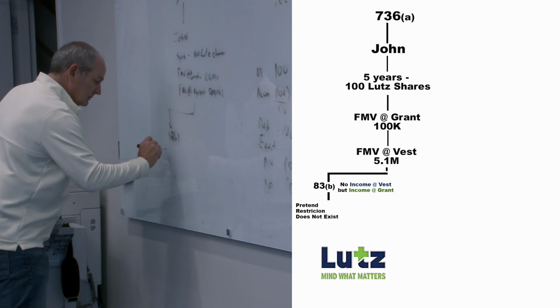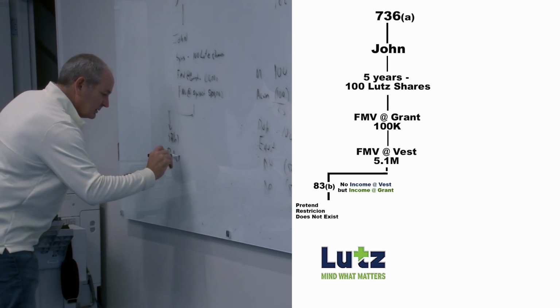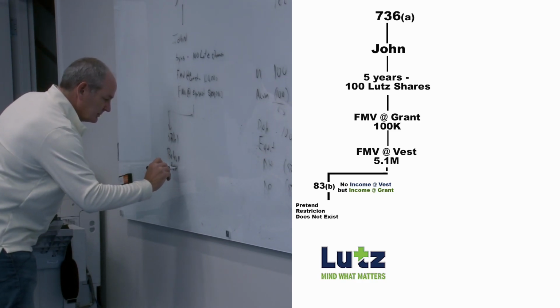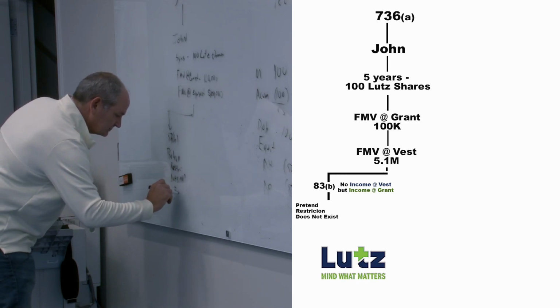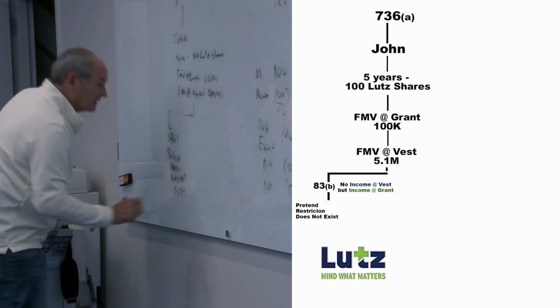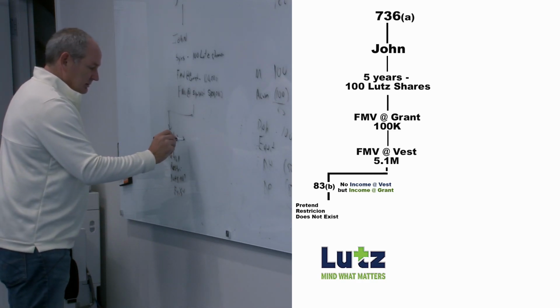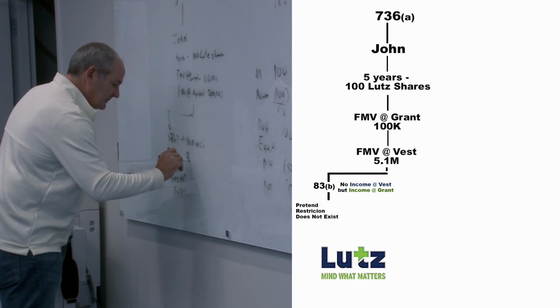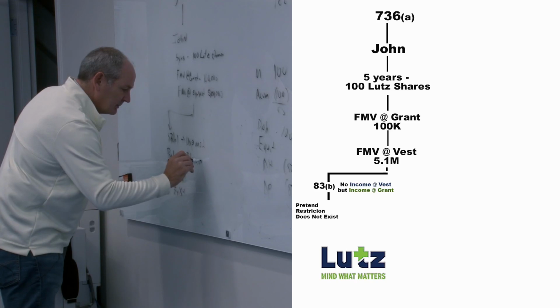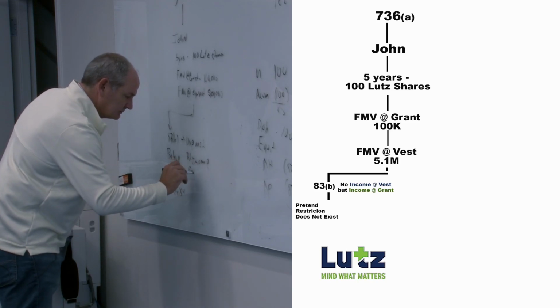So you have a binary decision. Do I want to pretend the restriction doesn't exist? 83(b): pretend the restriction does not exist, which means no income at vest, but income at grant.